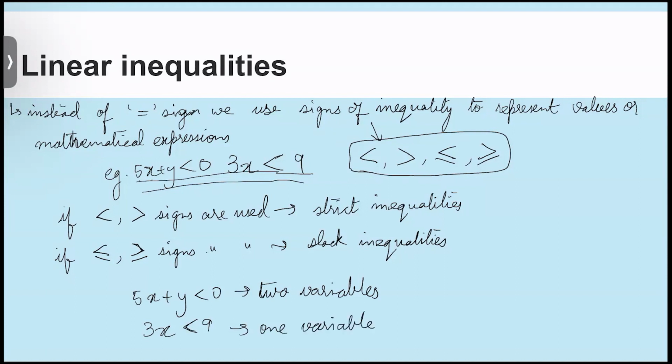So for today, we will be mostly focusing on understanding, in one variable, what kind of algebraic operations can be done using a linear inequality which consists of only one variable.